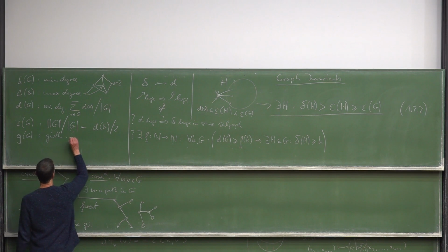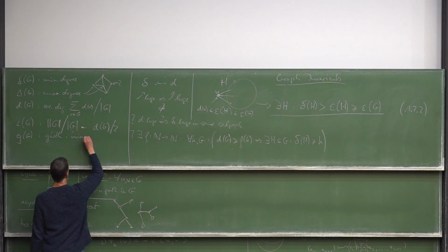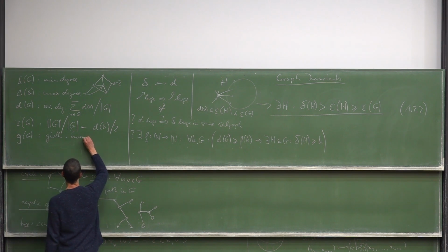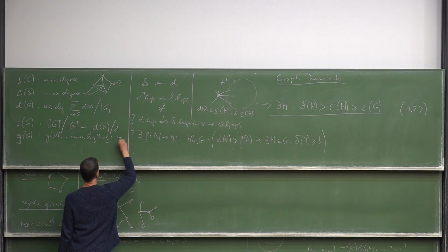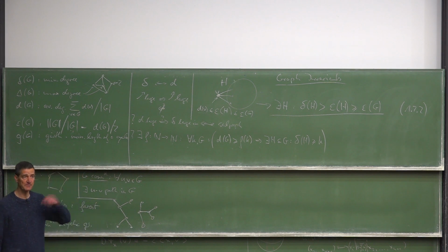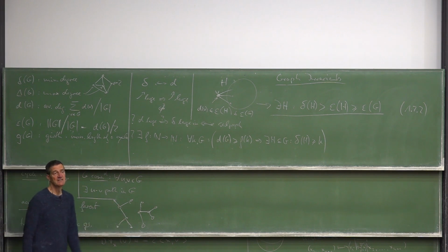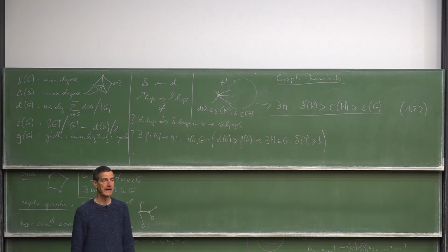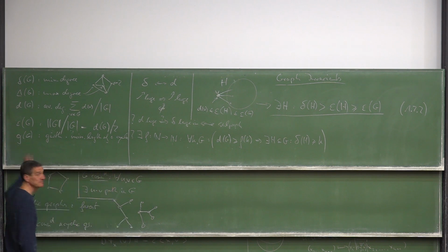It's the shortest length, the least length of a cycle. What's the length of a cycle? Same as for paths, number of edges. Take a shortest cycle, any shortest cycle, it has a particular length, and that length is the girth of the graph. The shortest possible length of a cycle in the given graph. If the graph doesn't have cycles, if it's a forest, then the girth is, I don't know, infinity.